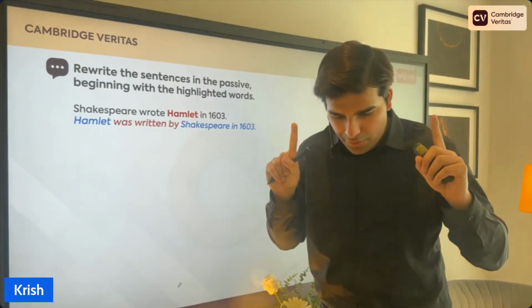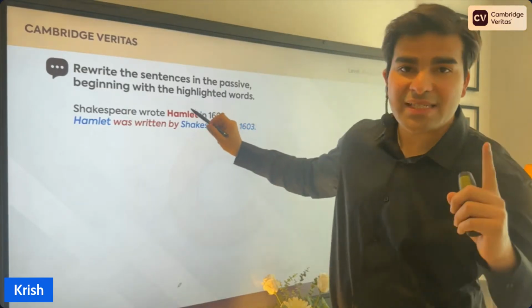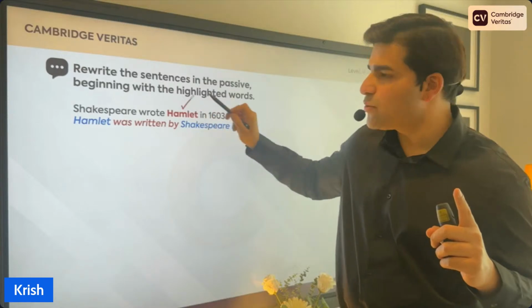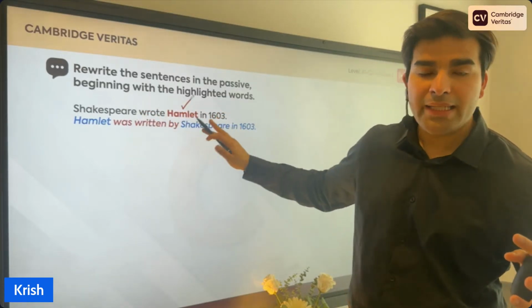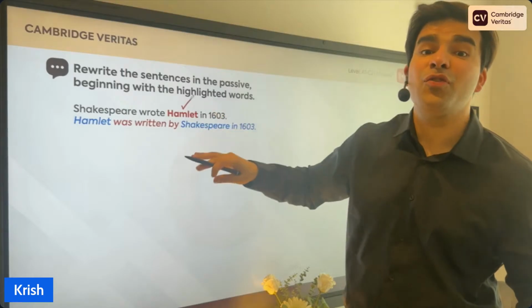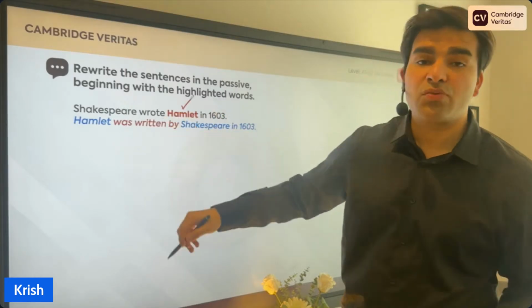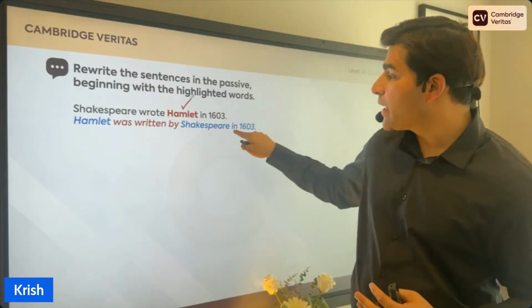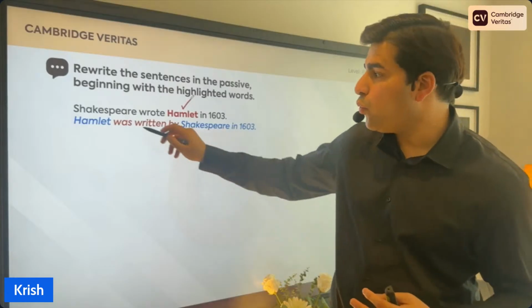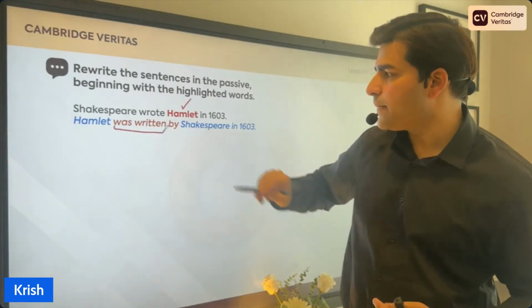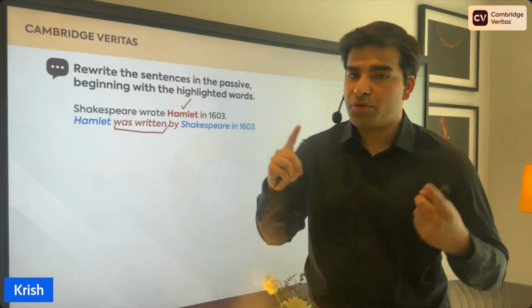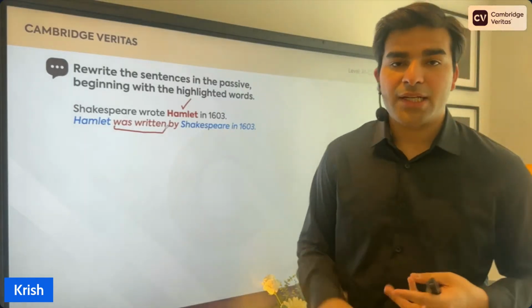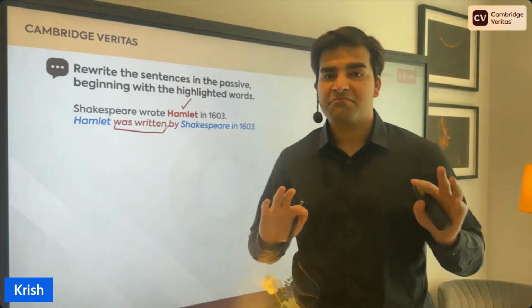The focus is you have to start with the highlighted word. For example, Shakespeare wrote Hamlet in 1603 changes to Hamlet was written by Shakespeare in 1603. Same structure for professional English, formal English, diplomatic English. That's all.